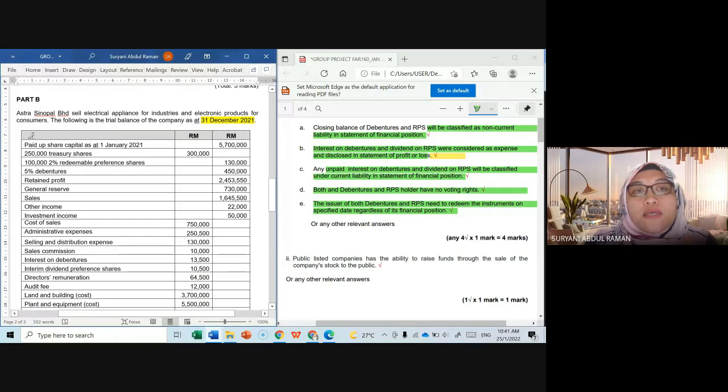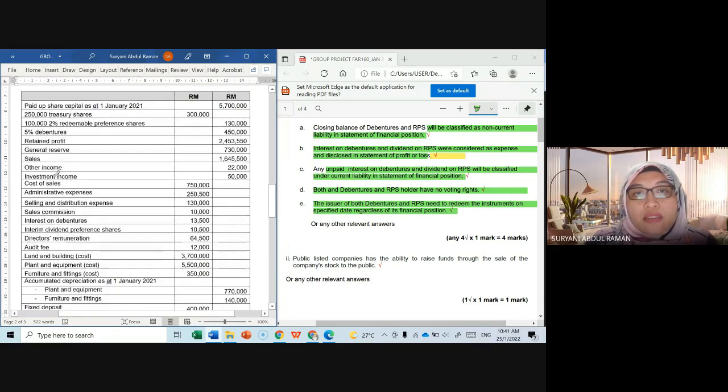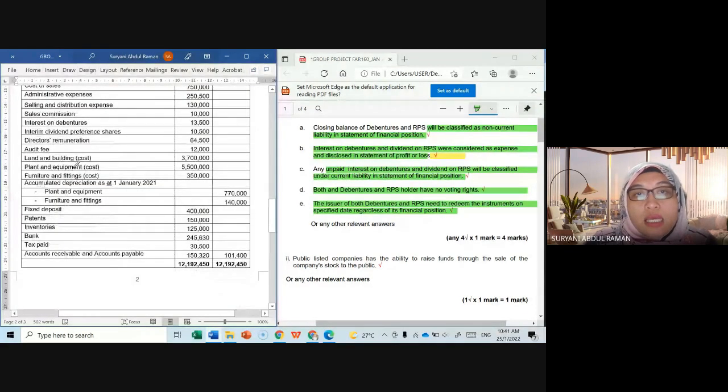You are given the total of the paid up share capital as at 1st January 2021, the amount of the treasury shares, the redeemable preference shares, debentures, reserves and others. All the revenues, the expenses accounts, the capital, the liabilities, and the assets are presented here.